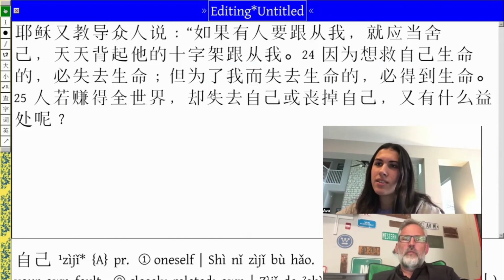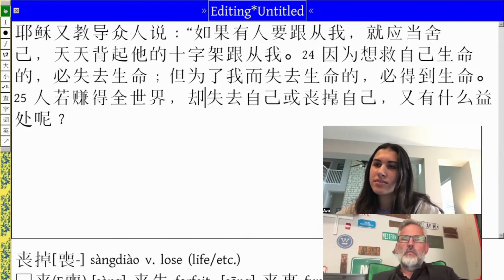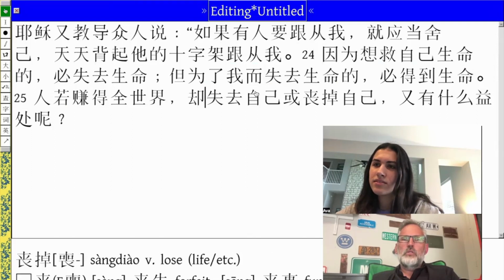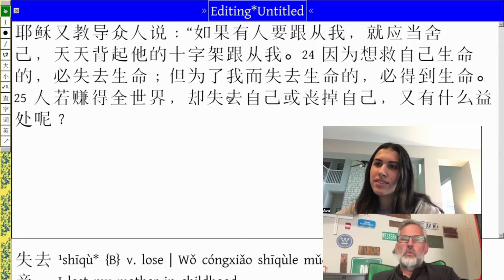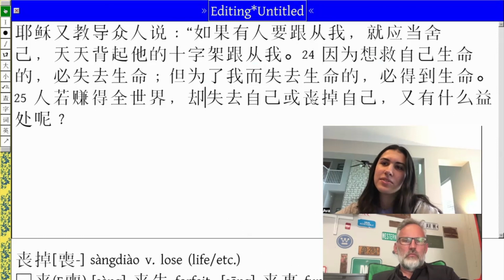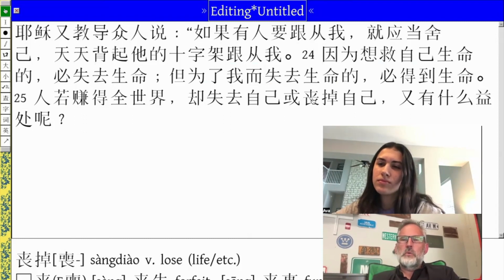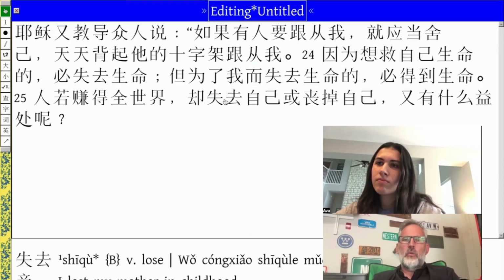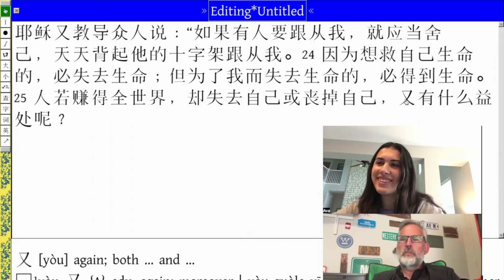So if you lose yourself, and it's kind of poetic, because I guess there's two Greek words here probably that they're trying to translate. I'm just guessing. We could go look. So it's like lose or lose, but it's got different nuances. Maybe some Chinese person could help us understand the difference between 失去自己 and 丧掉自己. Either way, you don't want to 丧掉 yourself or 失去 yourself.